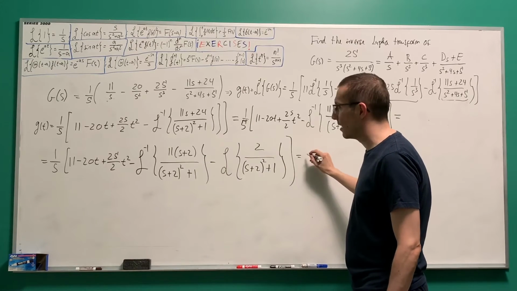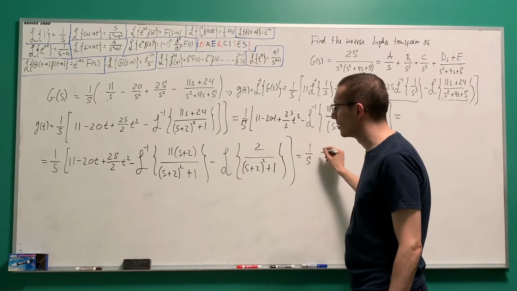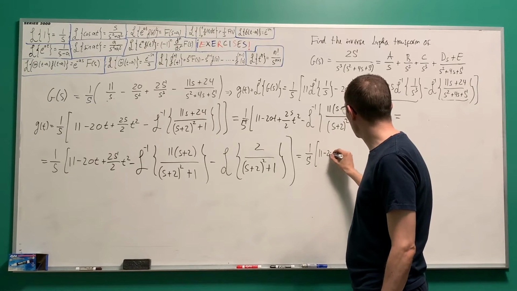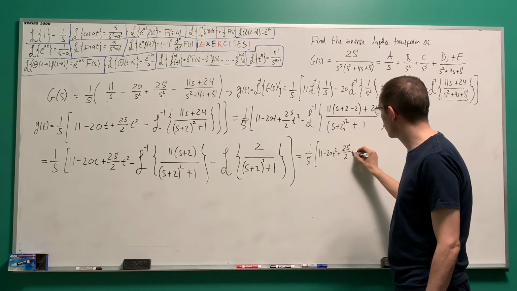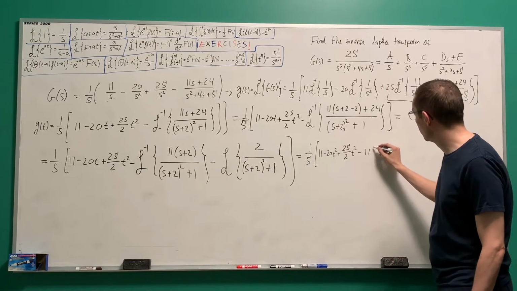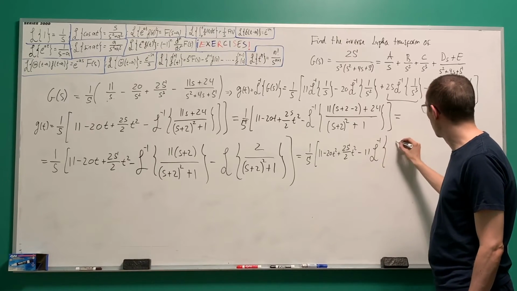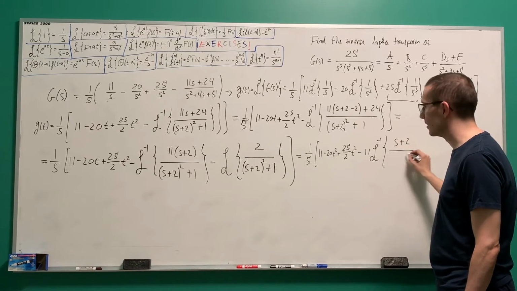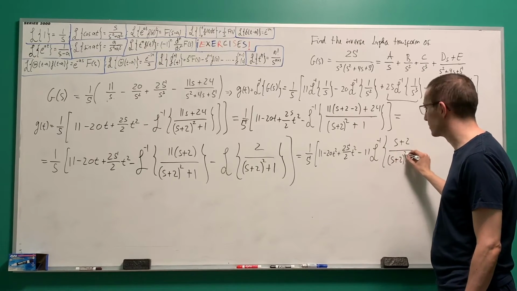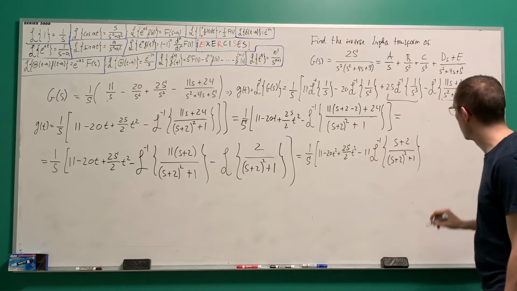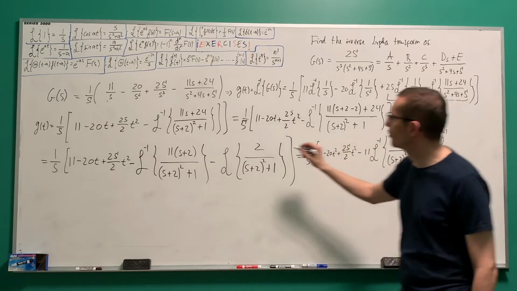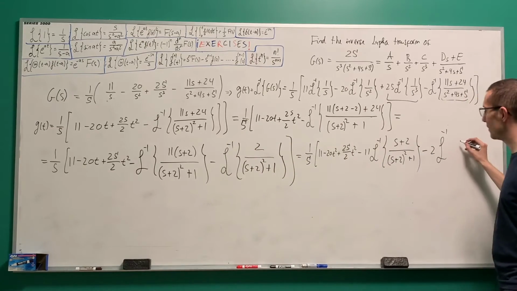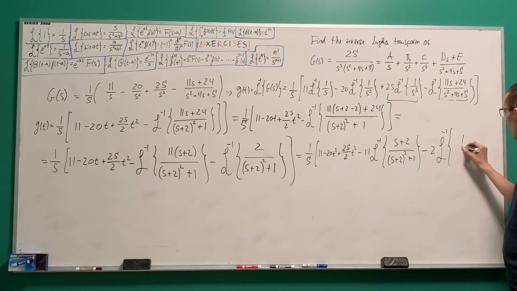We have 1 over 5 multiplying 11 minus 20t squared plus 25 divided by 2t squared minus, that would be 11 inverse Laplace of s plus 2 divided by s plus 2 squared plus 1, minus 2 inverse Laplace, oh, I forgot the inverse here, sorry about that, inverse Laplace of 1 over s plus 2 squared plus 1.